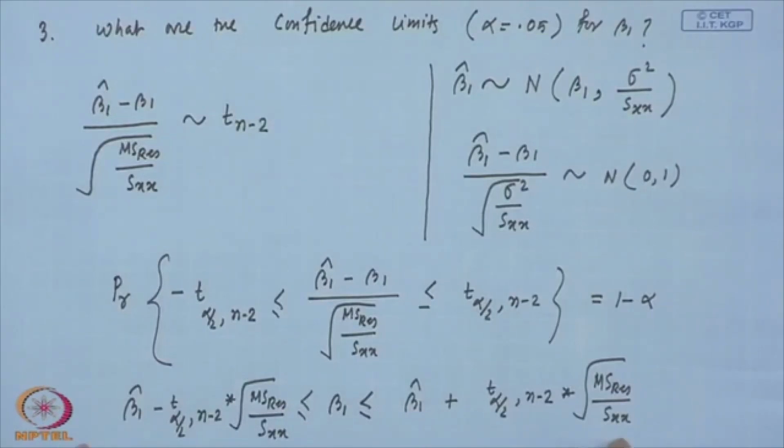Again this has probability 1 minus alpha. Okay. So, this is the lower limit for beta 1 and this is the upper limit for beta 1.